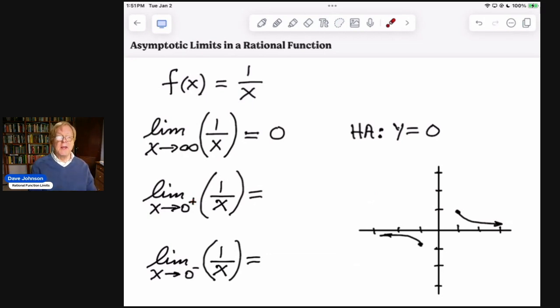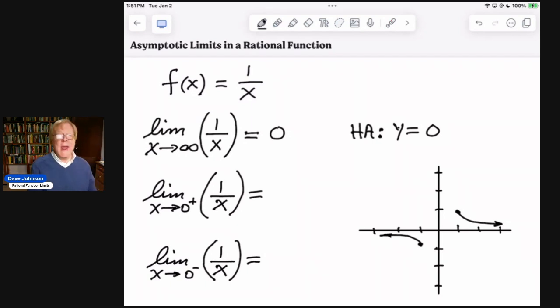So x is getting smaller and smaller. Well, a ratio where the denominator is getting smaller and the numerator is a constant, then the 1 over that smaller value is bigger. And so the 1 over x is going to get bigger and bigger and bigger as x gets smaller and smaller and smaller, as long as x is positive.